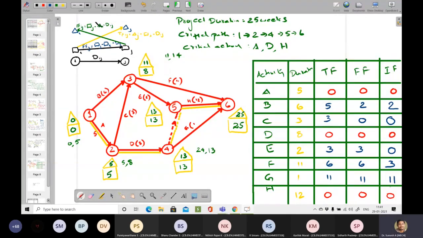So any doubt in the calculation part, or did I do it correctly? Correct. Yes.